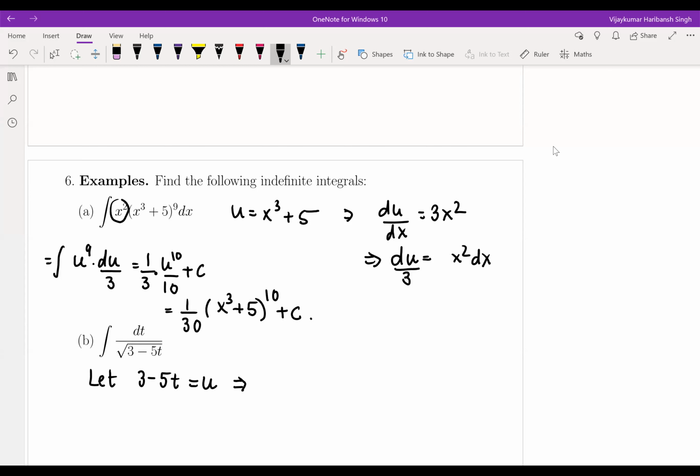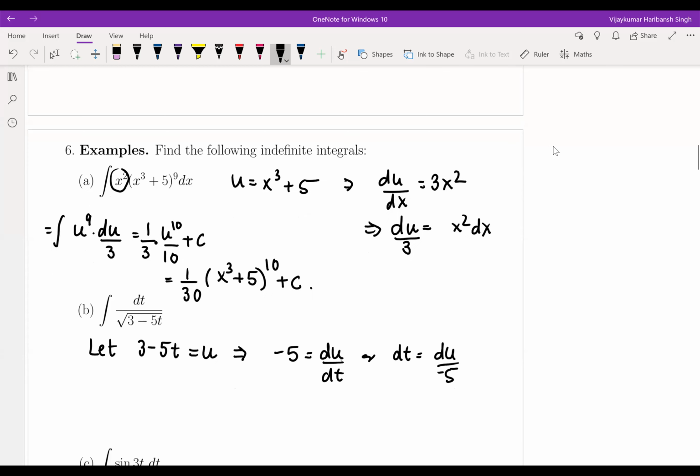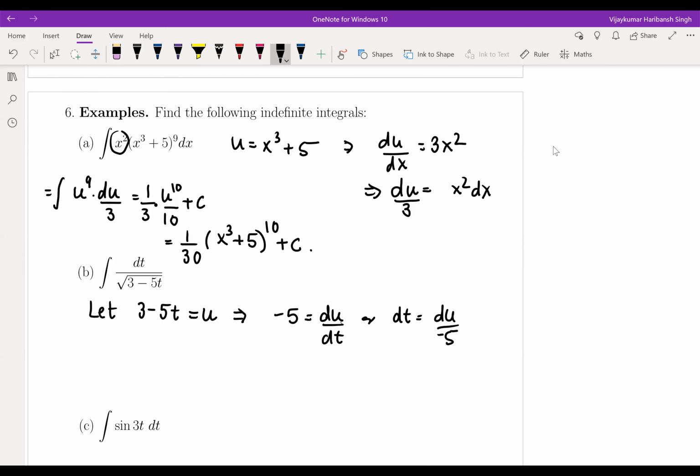This implies minus 5 equals du by dt, or dt equals du over minus 5. So then the integral, let's call it I, is going to be, instead of dt, I'm going to write du over minus 5.